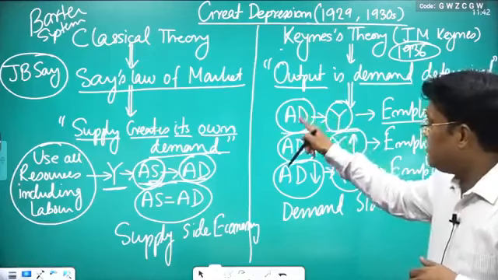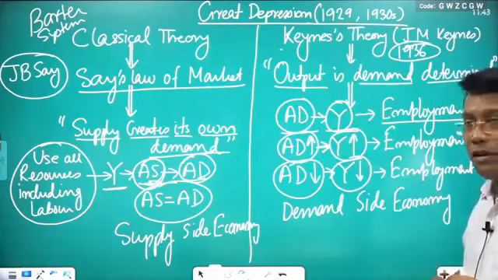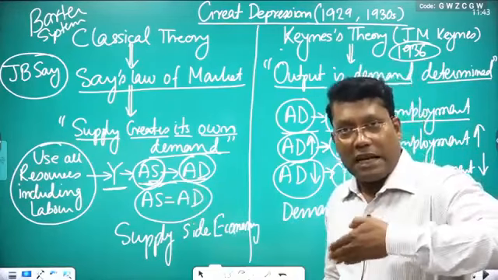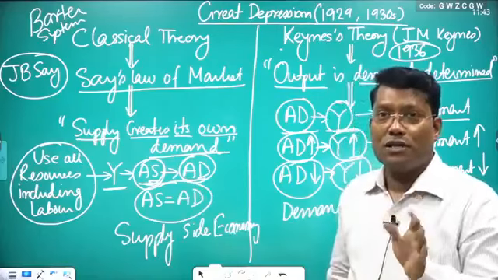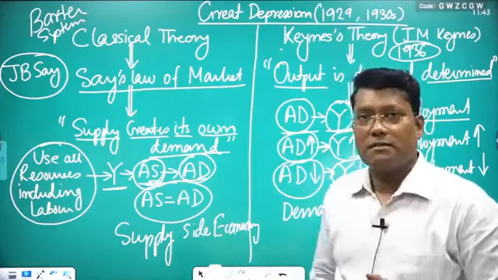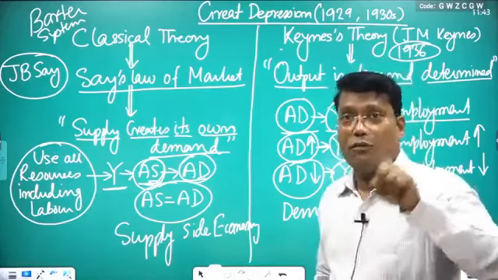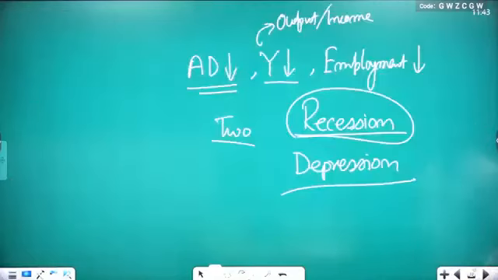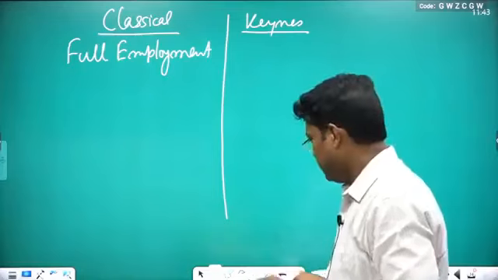Finally, aggregate demand decides the output and output decides the employment. Clear? It is not like the classical theory, a supply side economy where you use all the factors including labor and all resources, produce the output, supply it in the market and get equivalent demand. That is not the case here. Here demand decides the level of output, and the level of output decides employment. So what are the possibilities in the Keynesian theory? Let us consider.